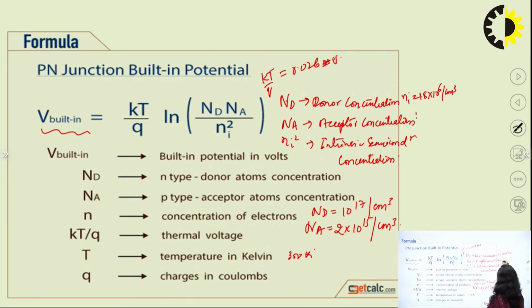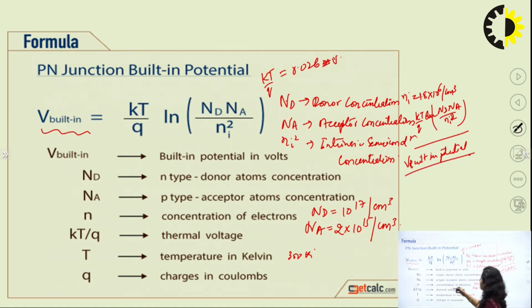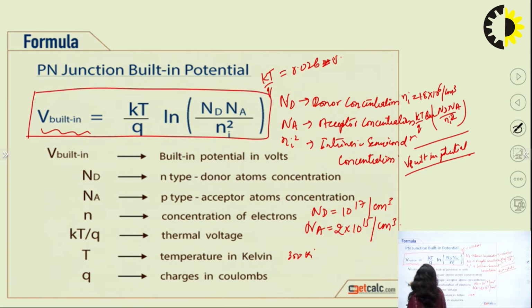By putting the values into KT by Q ln Nd Na upon Ni square, we can easily find the value of the V built-in potential.